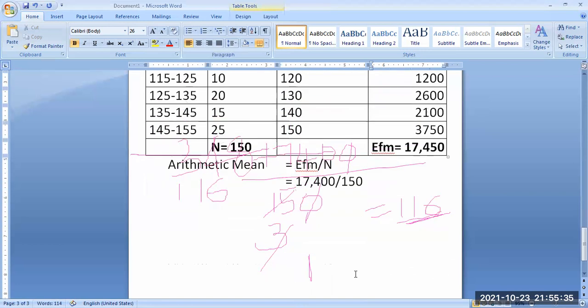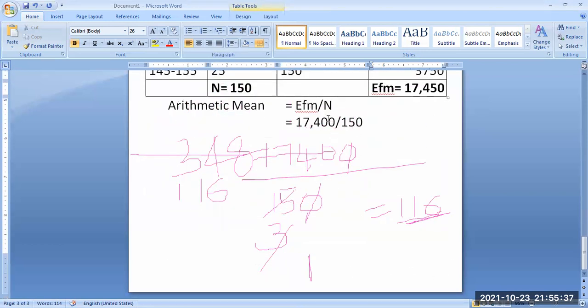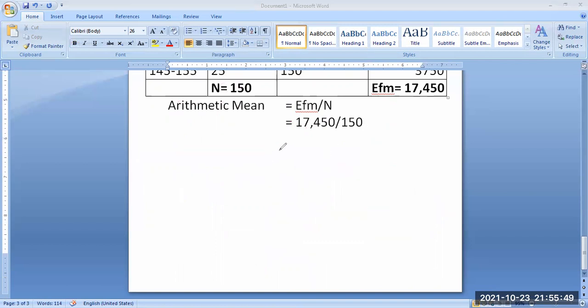So it is 17,450. So I will rectify it. 17,450 by 150.